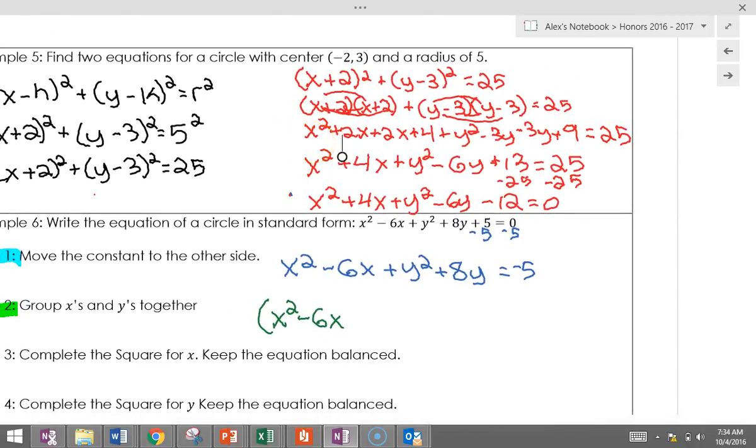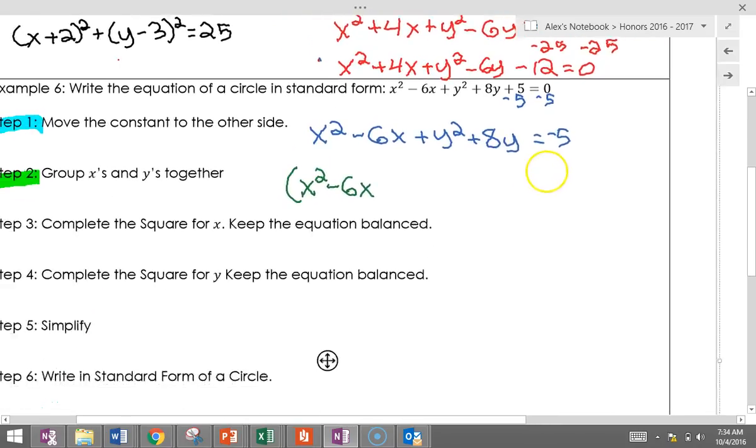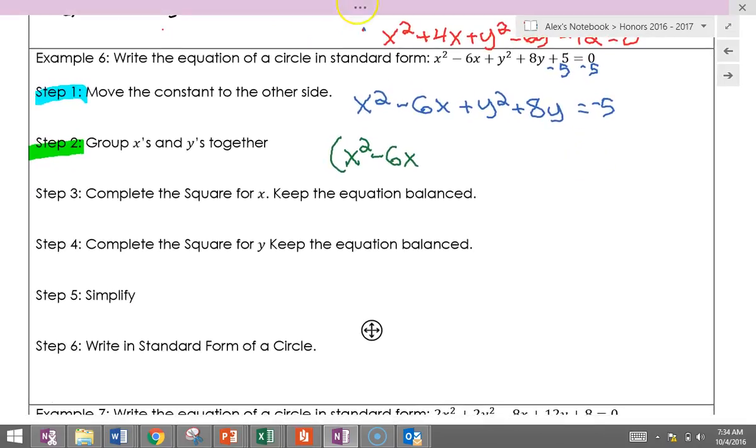So we're grouping these x's and these y's together. Here, we're actually going to have a constant that we need to find, so I'm going to leave a little bit of space there to show that I'm still looking for another number.